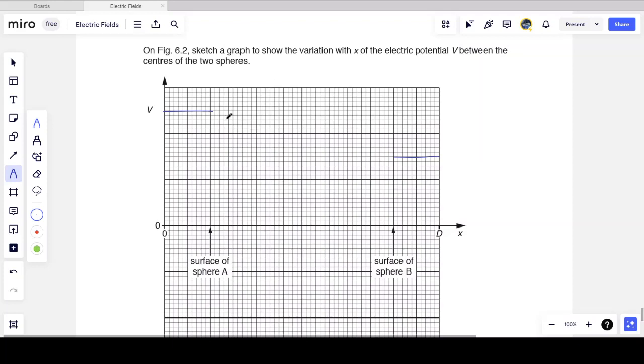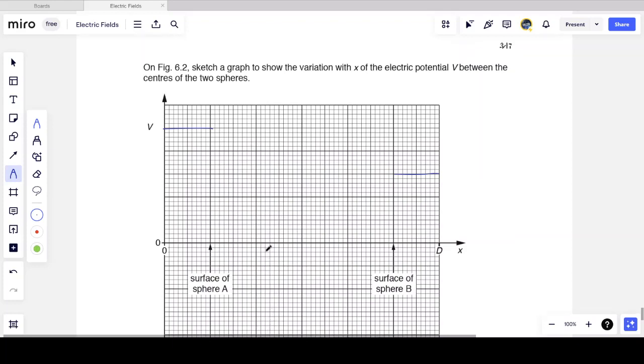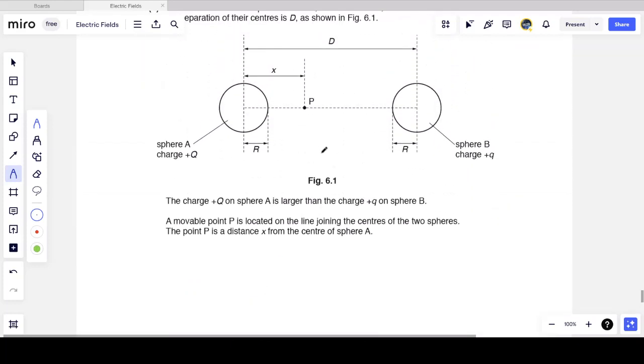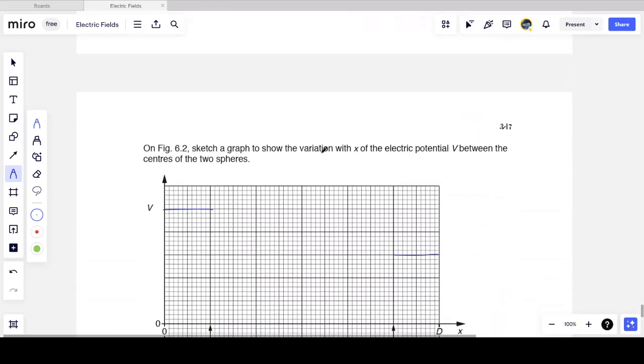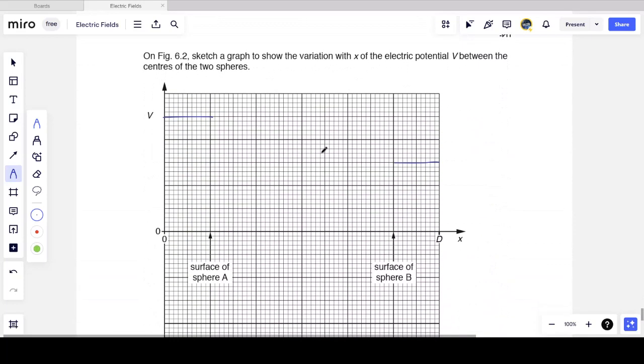Now I know that the potential will decrease with the distance as it moves away from sphere A, but sphere A has a greater potential as we go further away from it because it holds a greater charge. And the influence of sphere B only becomes apparent when we get closer to sphere B. So the minimum point will no longer be in the center because sphere B has a much lower charge and hence a lot less potential, a lot weaker field strength.